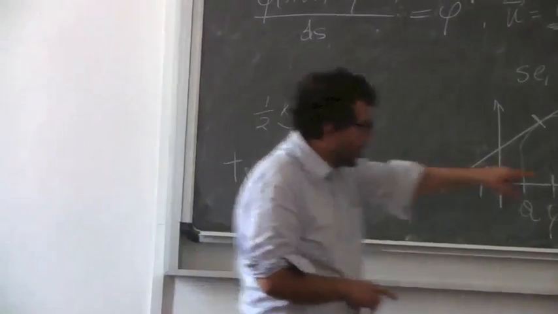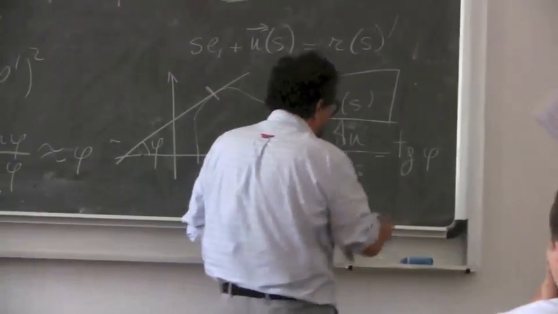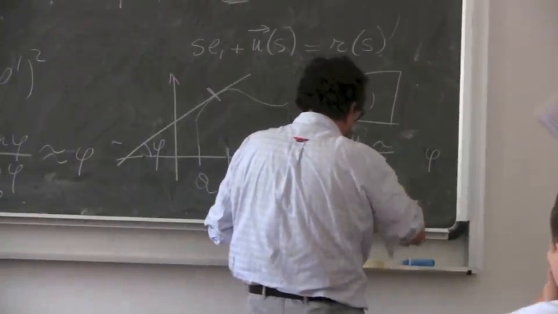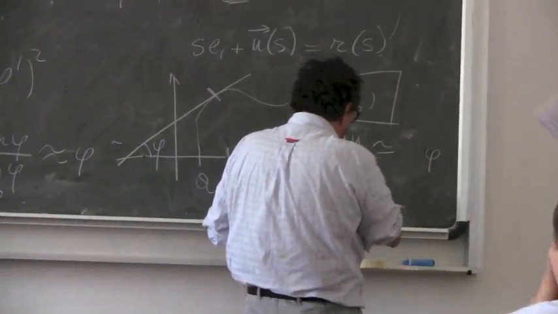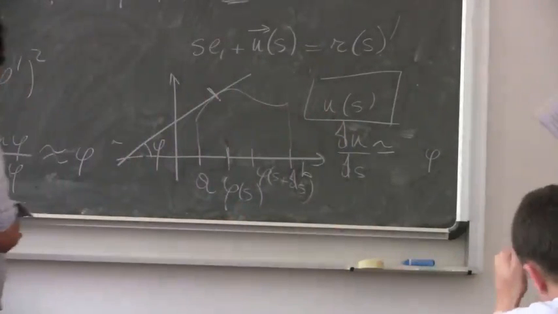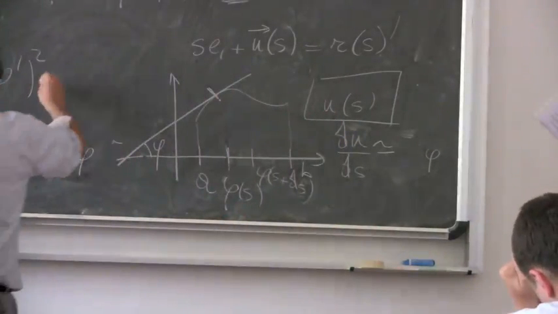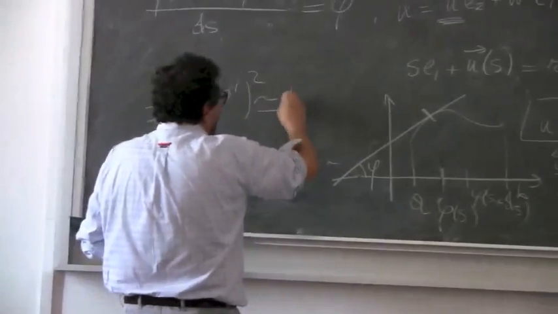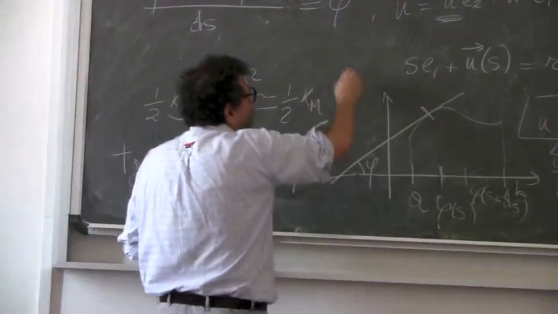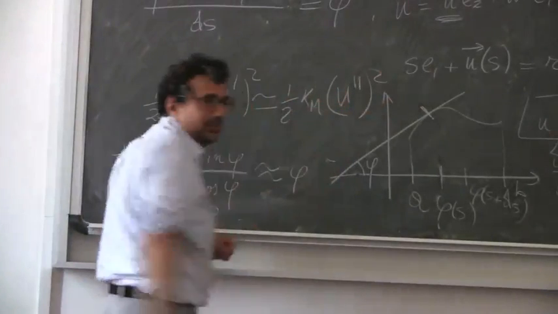So, tangent phi nearly equal to phi. So, du over ds equals phi. So the deformation energy is 1/2 km u second squared.